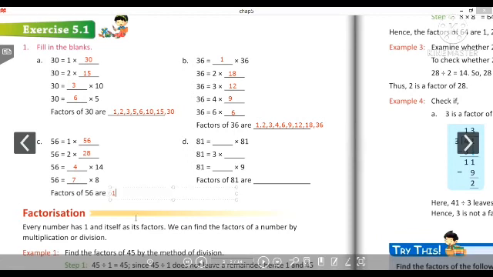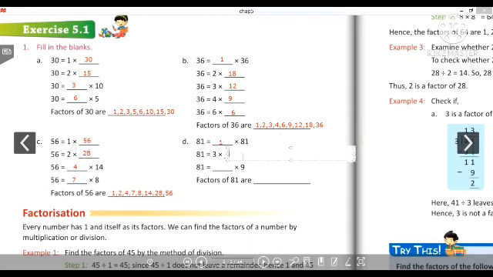They will be 1, 2, 4, 7, 8, 14, 28 and 56. Okay.